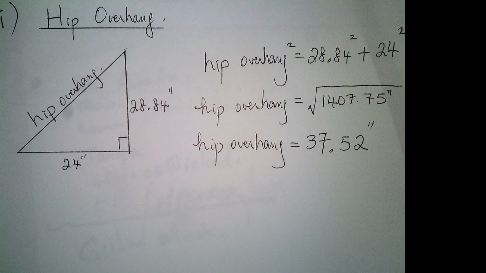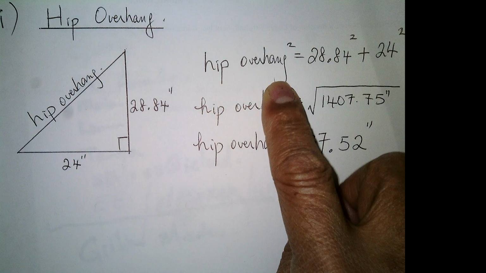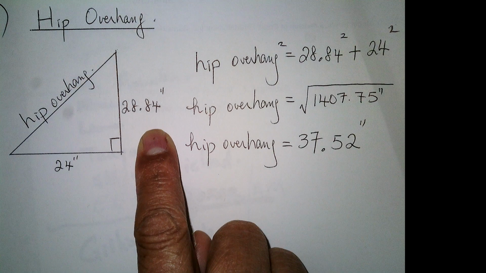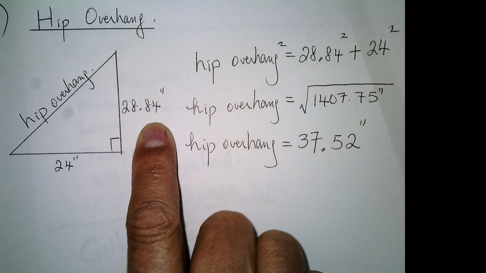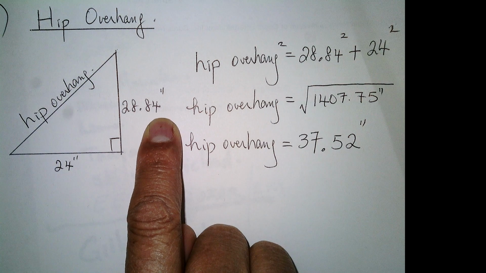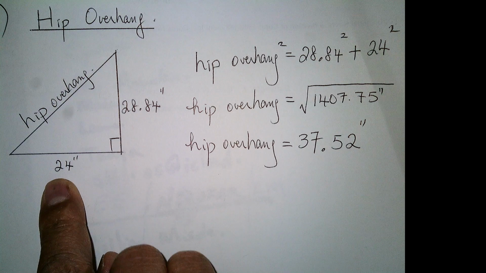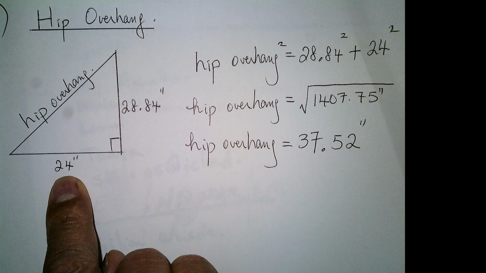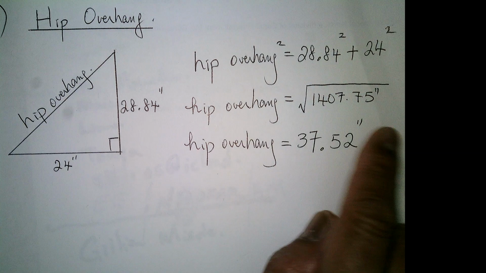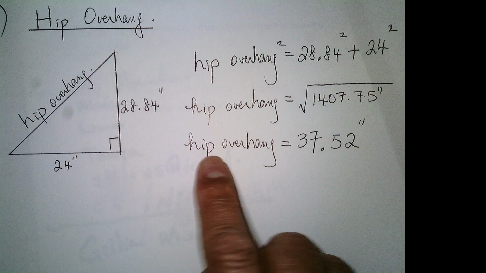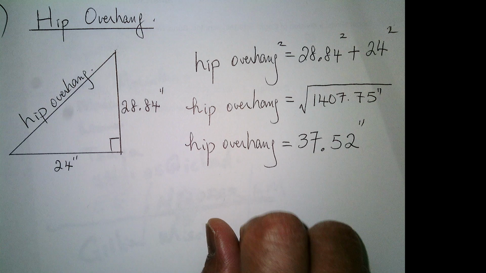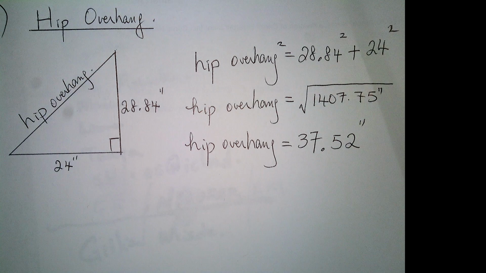So the hip overhang squared is equal to the common overhang squared plus the square of the projection. So using Pythagoras, you're going to see the calculations in terms of steps are so mechanical.